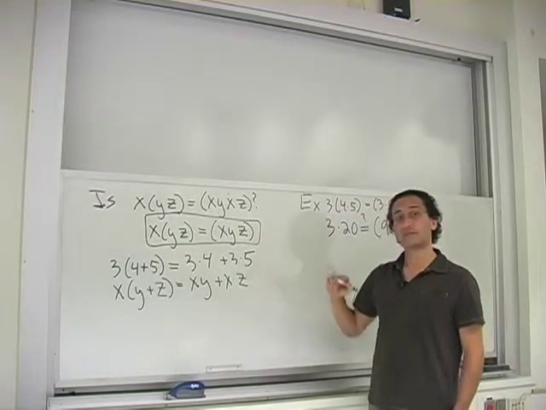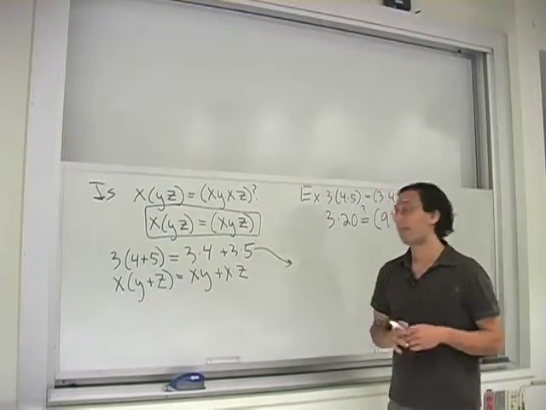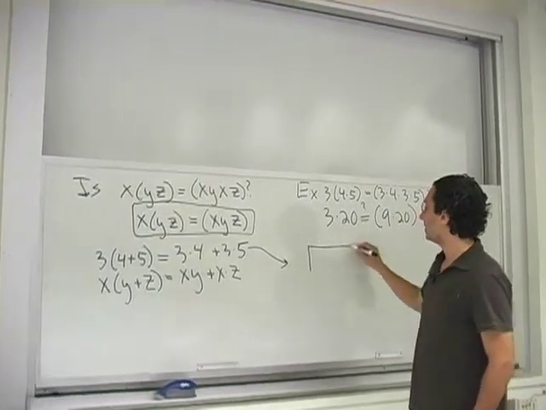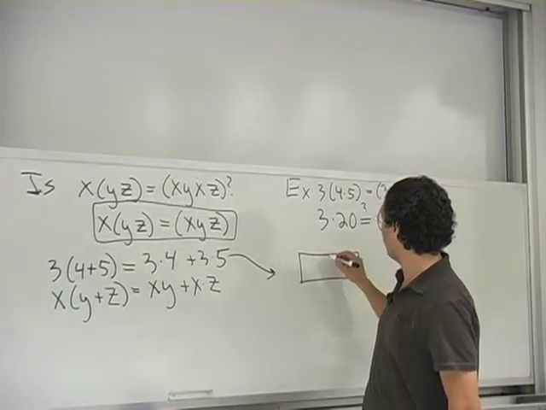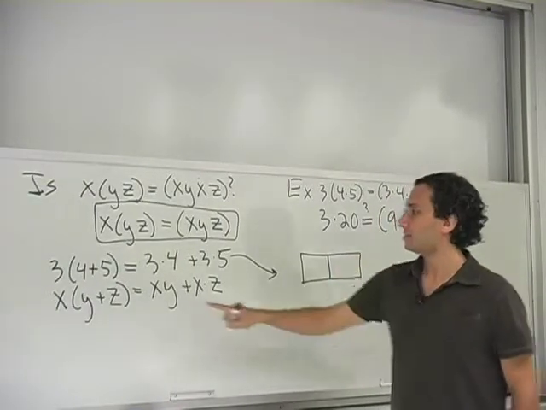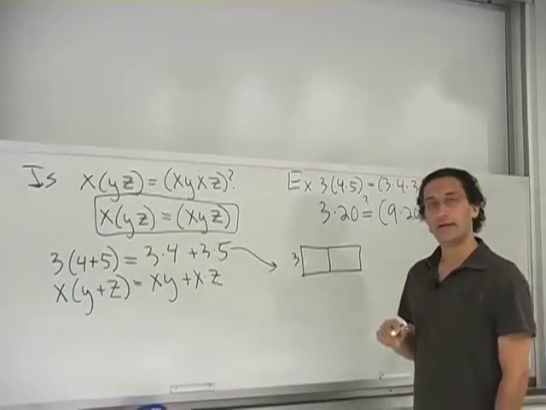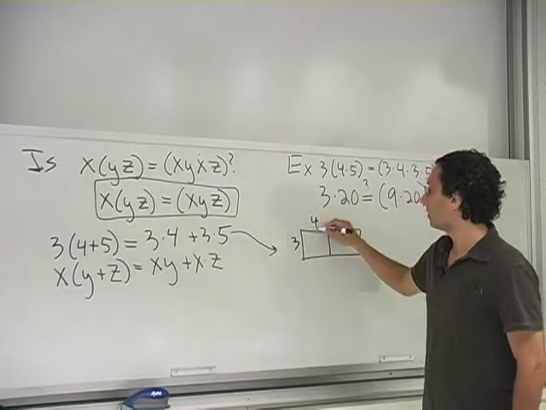To show you why this is true, I'm going to draw a diagram, draw a box, and we'll see what's going on. So let's see. Let me draw a box, and I'm going to divide it so that it has a width of 3, and a length of 4 plus 5.